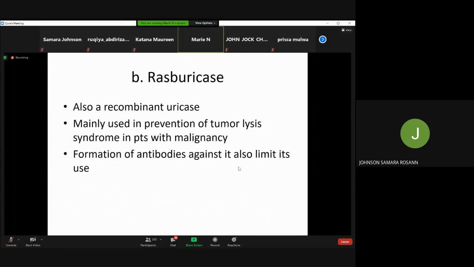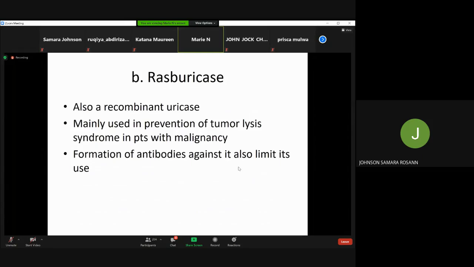Final drug of the day is rasburicase. Rasburicase is also a recombinant uricase. When we say recombinant, you're basically injecting the DNA material that is coding for uricase into another organism or another cell line, and then it produces the uricase. Mainly, it will be used in prevention of tumor lysis syndrome in patients who have got malignancies.